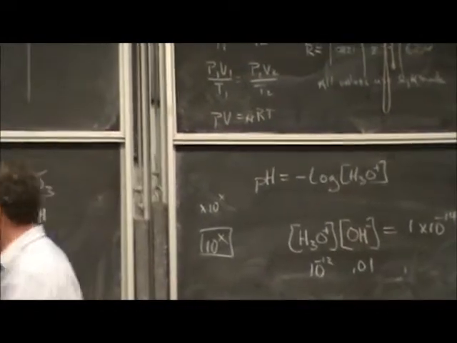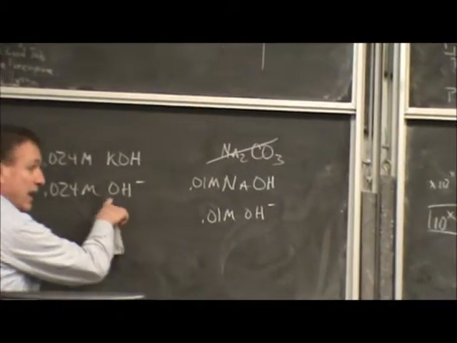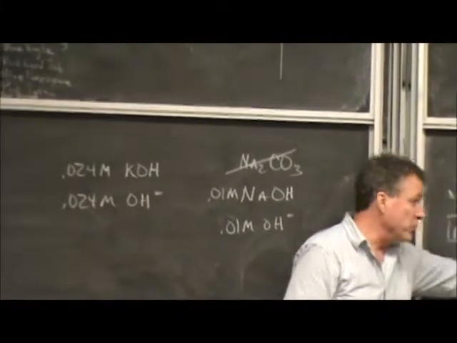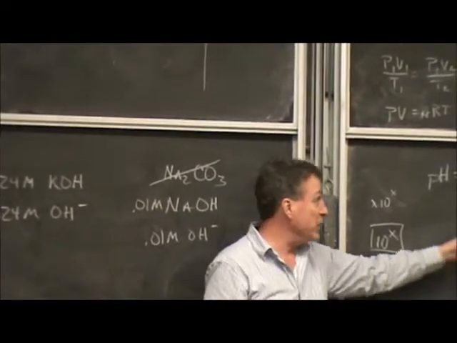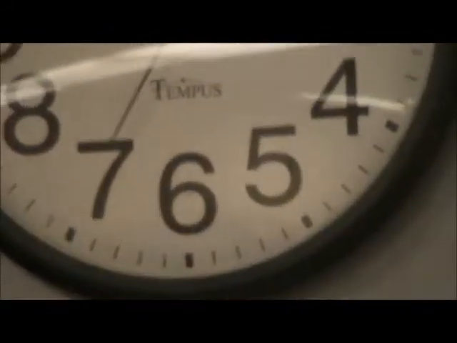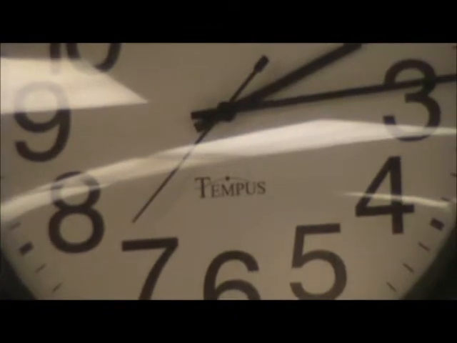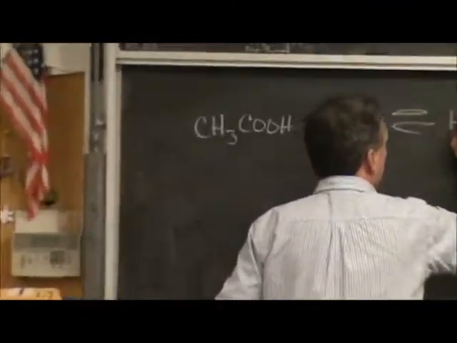Okay, one more thing before we run out of time. Coming back. If we know the hydroxide concentration, we know the hydronium concentration. And if we know the hydronium concentration, we take the log and change the sign, and we have the pH. All right. Now, what about adding an acid? If I add this acid to water, I make hydronium ions.